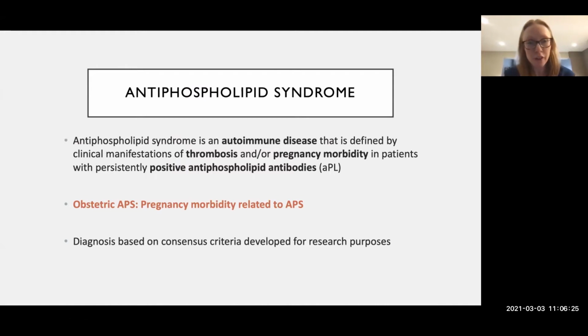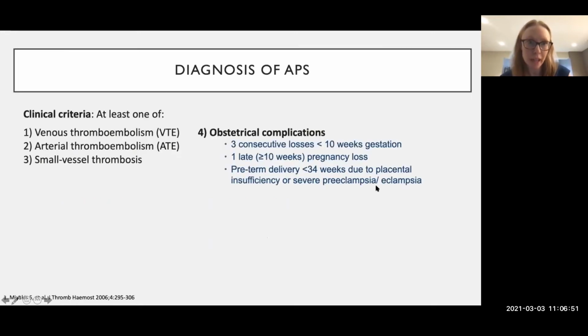Really, I'm focused on the pregnancy complications relating to APS, and in some literature and some definitions, this may be without thrombosis, but I'll talk a bit more about the obstetric complications. This diagnosis is based on a consensus criteria, which a group of researchers developed together, so it has some limitations, but it's a starting place.